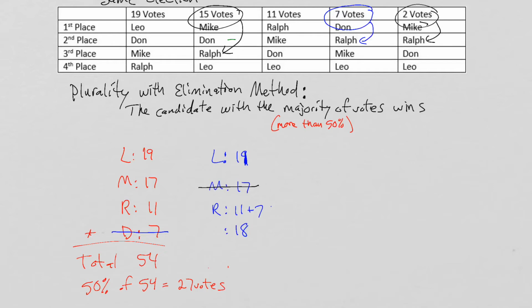Okay, so in our third election, then Leo stays the same, and Ralph is going to have 18 from previous plus 15 and another 2, which brings Ralph to 35. And since we are now over 27, he has now the majority of the votes, so Ralph wins.